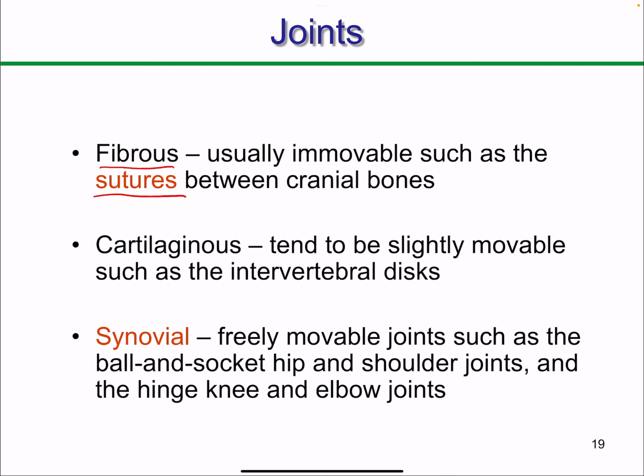Then we have some cartilaginous joints. This is when two bones are connected together through some collagens. Think, for instance, of the intercostal collagen, right? That connects actually the sternum to the ribs, right? Also, think of the intervertebral discs, right?